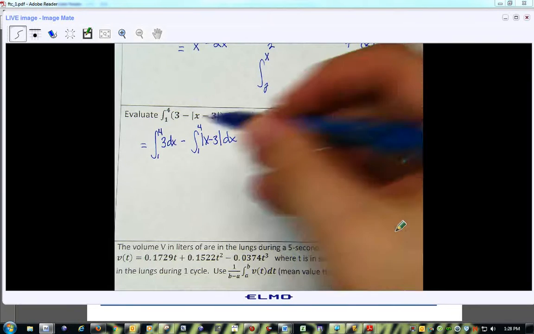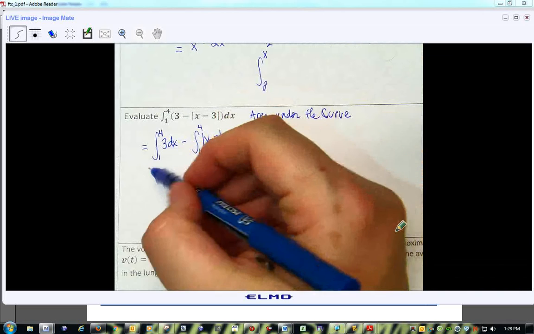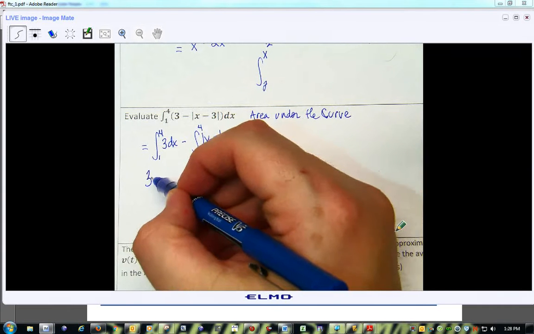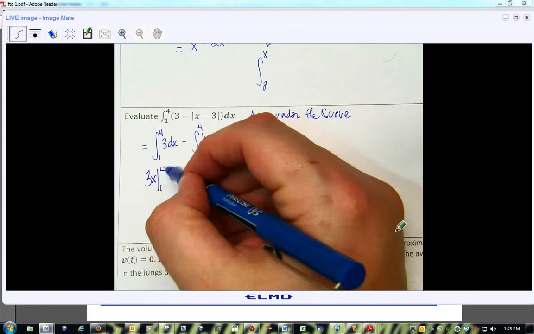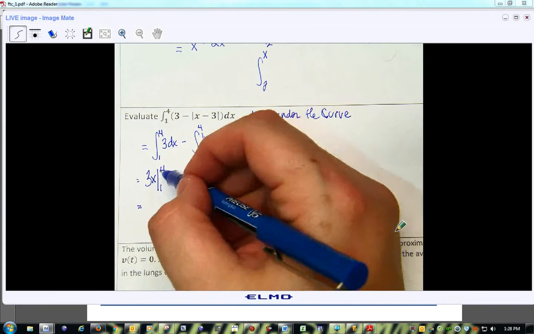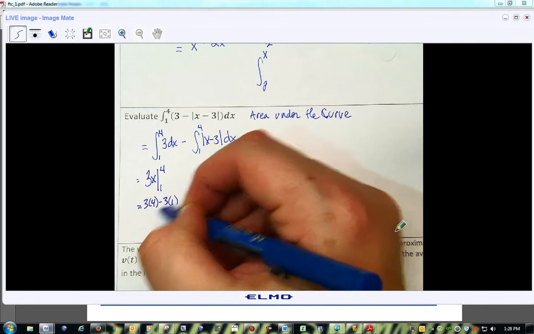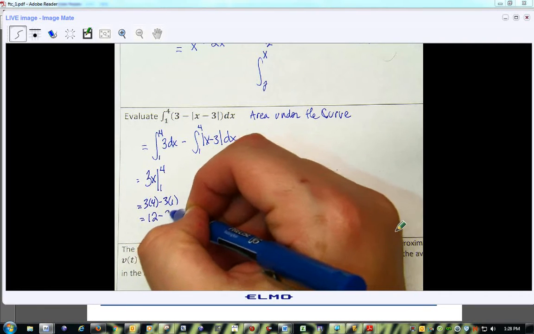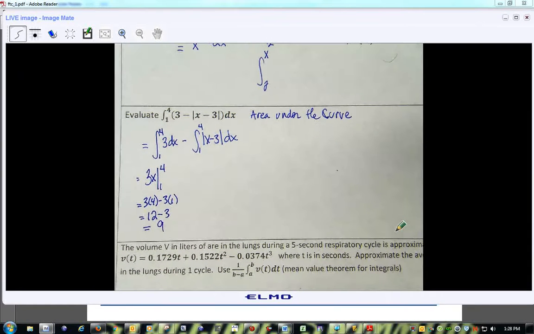Now, we can actually integrate this one without a problem. What's the integral of 3? 3x. And we're going to evaluate that from 1 to 4. So we're kind of taking care of this part. So it'd be 3 times 4 minus 3 times 1. 12 minus 3, which is what? 9. Now, we run into the problem with the absolute value.